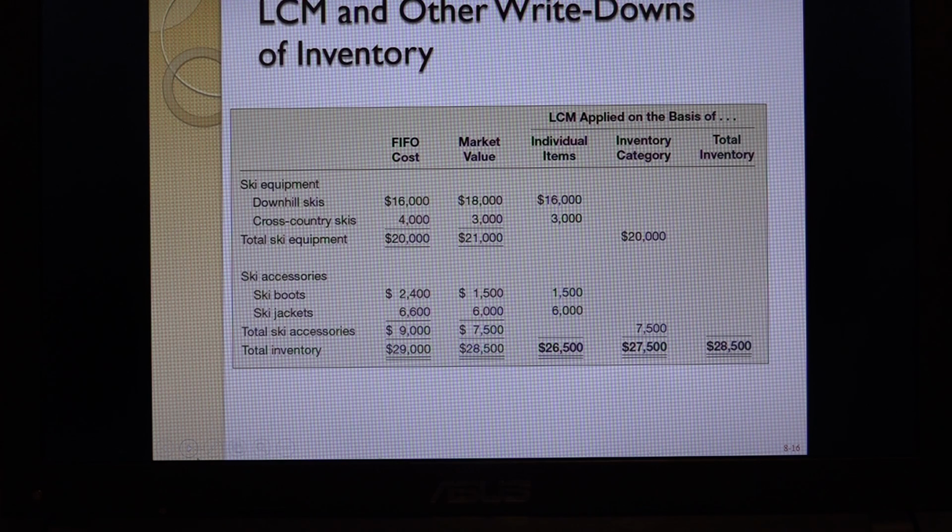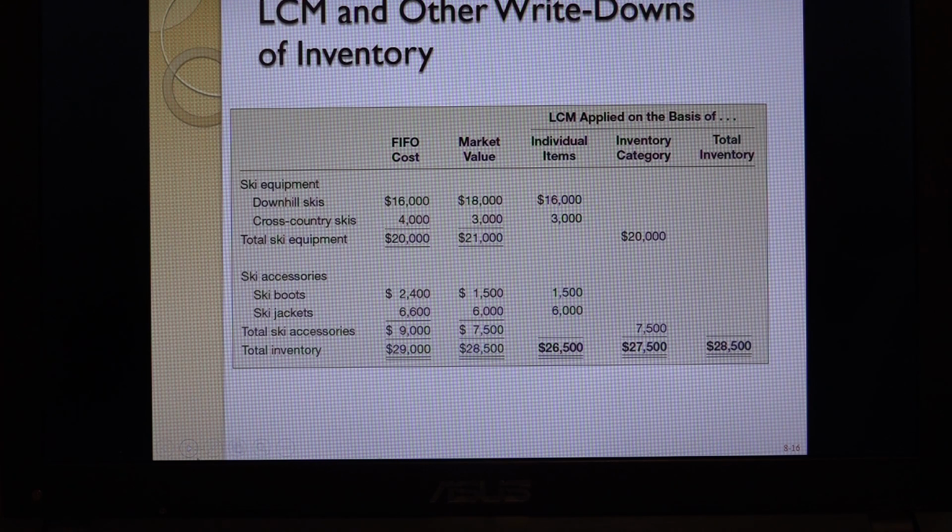Here, market's more than cost, so you're going to pick cost, $16,000. But the other subcategory of cross-country skis, market is less, so you're going to pick the lower of the cost or market there, or $3,000. And then you're going to go down to the next group of subcategories, boots and jackets, and the lower there is the market of $1,500. And then below, the lower is the market as well. And so you total up all those individual items and you come up with $26,500.